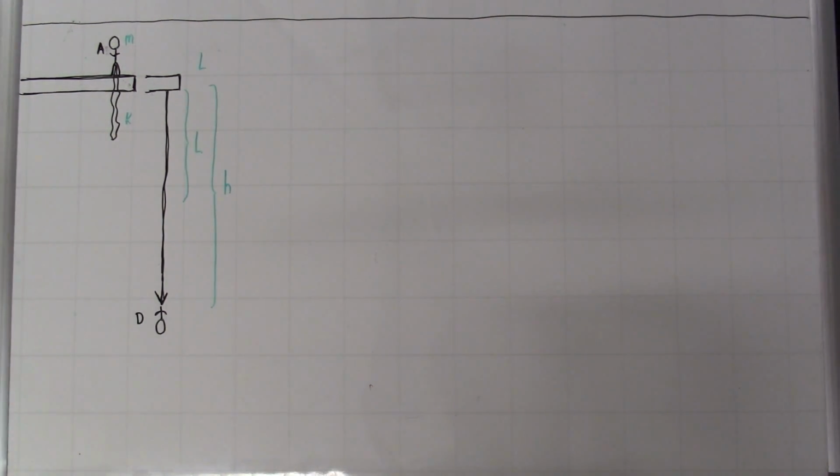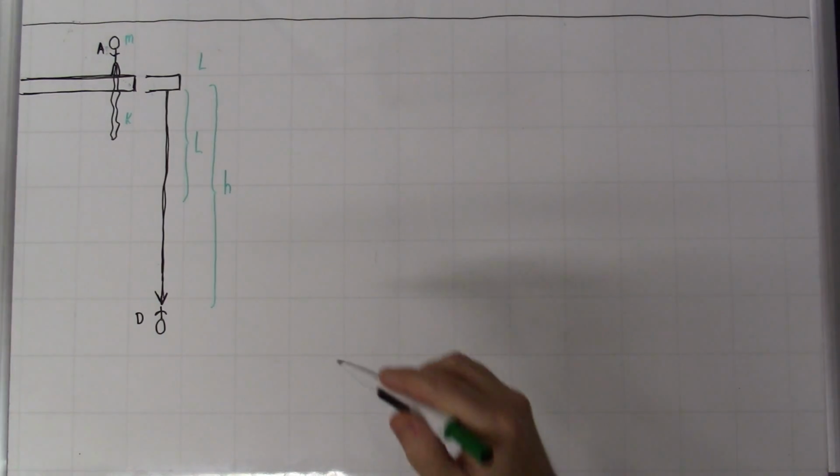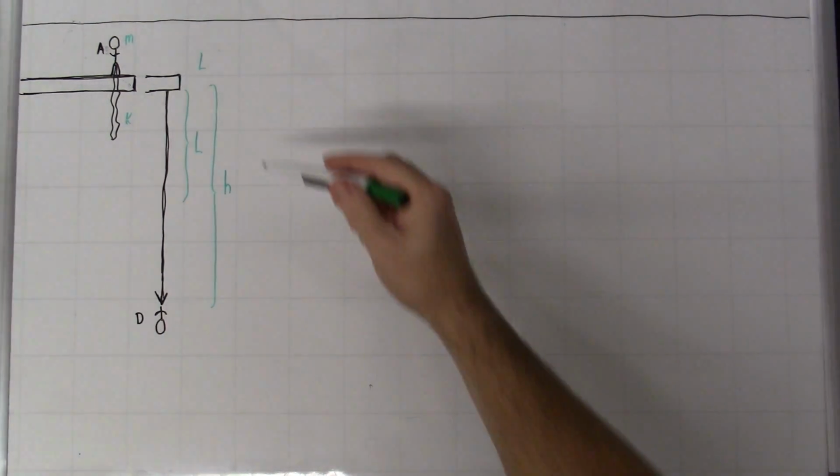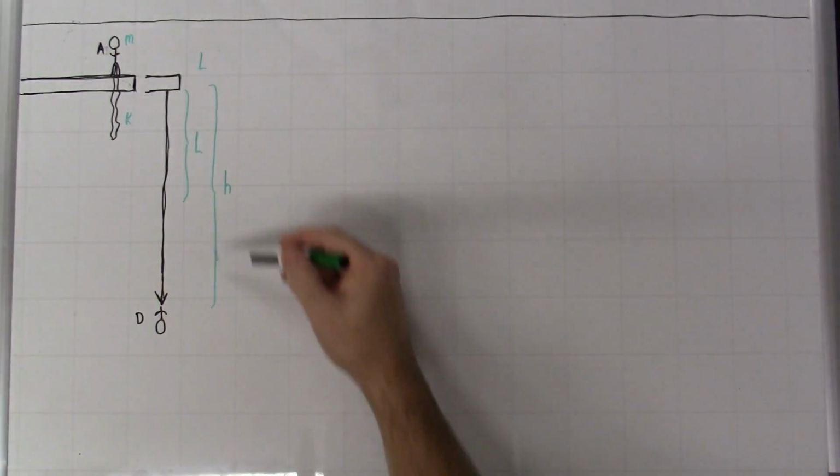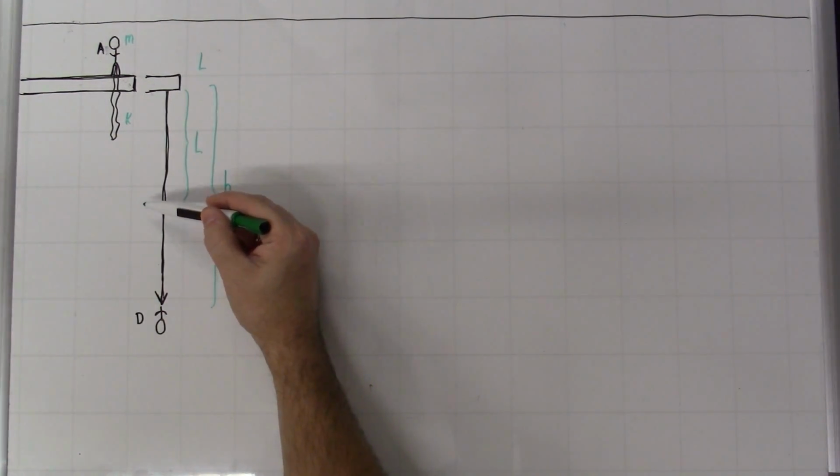We're going to call that h in this case, because this little h will be referred to as the distance fallen, but at the same time it's also the height difference in the gravitational potential energy.